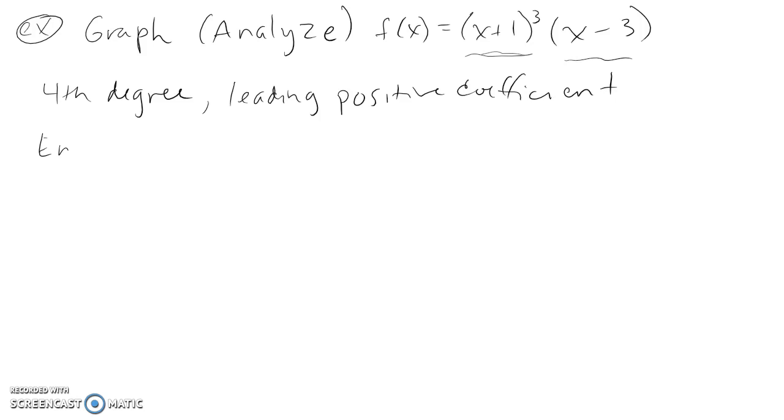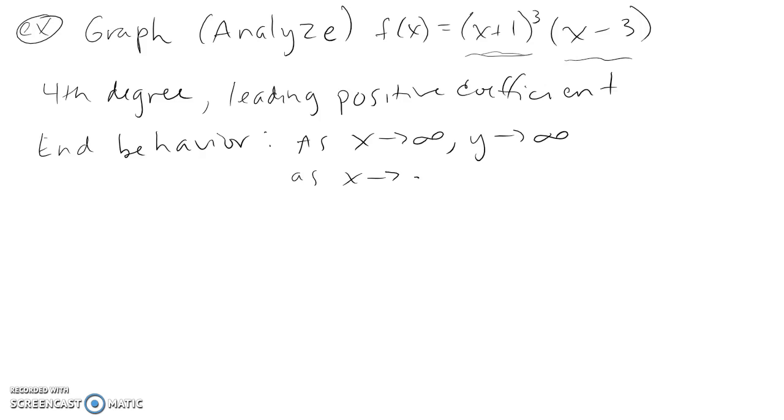That tells us something about its end behavior. As x goes to infinity, y goes to infinity, and as x goes to negative infinity, y goes to infinity. So its ends are going to look like this, and since it's a 4th degree function, there might be something happening in between, and that's what we're going to find out.